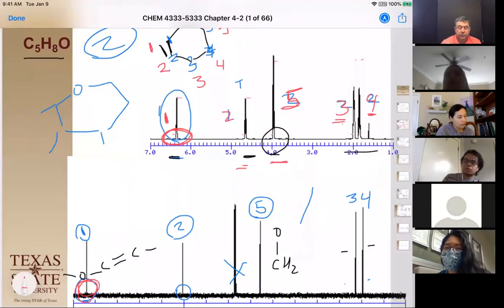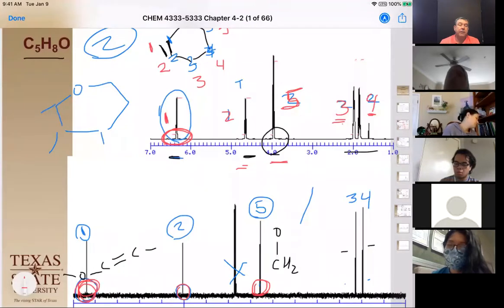Oxygen, yes. And in the carbon right here, we have only one CH2 in the zone where it would have an oxygen bonded to it. Then the others have to be alkene. Double bond. Yes. One of them shifted way high, so that had to be something else bonding to it.